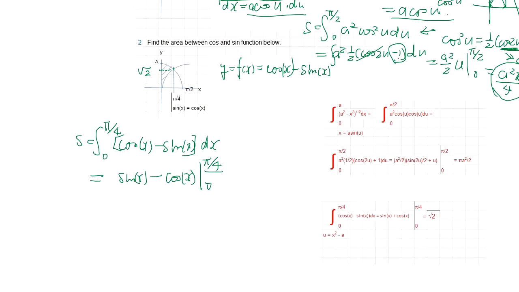Wait a minute, let's see, this is plus, yeah, so when you plug in, it's going to be the square root of 2 over 2 plus the square root of 2 over 2, right? Because let's see, 45 degrees, right? This is pi over 4.